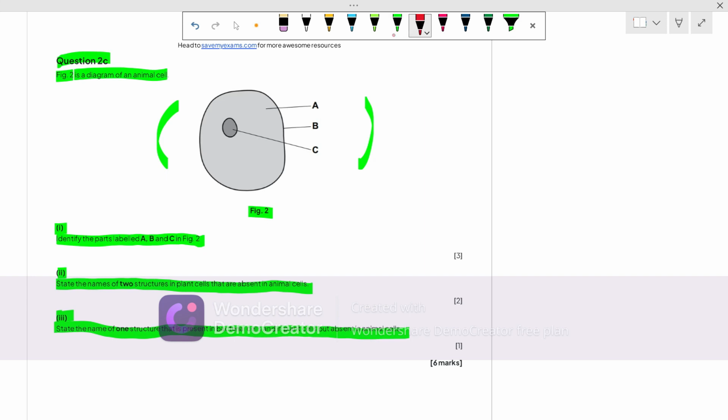Alright, so for the first one, identify the parts labeled A, B, and C. A is the cytoplasm, the liquid-like structure inside this cell, which is holding all the organelles. So A is cytoplasm. B is the cell membrane, which controls the movement of particles in and out of the cell, either by diffusion or osmosis.